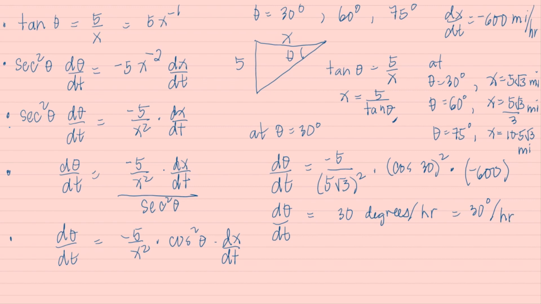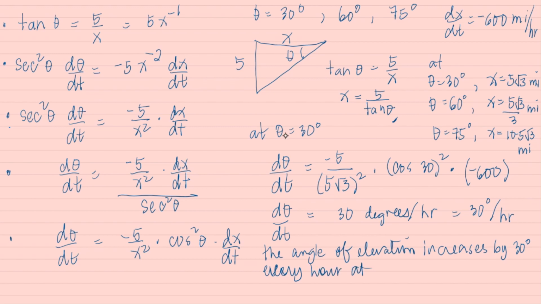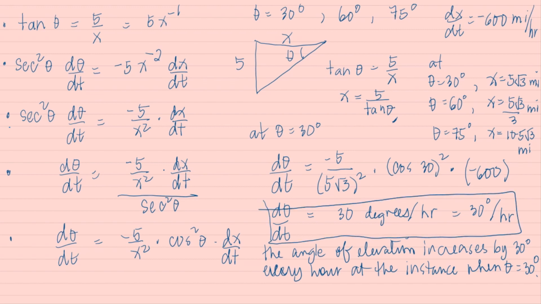So our interpretation for this one would be the angle of elevation increases, because the answer is positive, by 30 degrees every hour at the instance when theta is 30 degrees. Okay, so this is our answer for d theta over dt when the angle is 30 degrees.